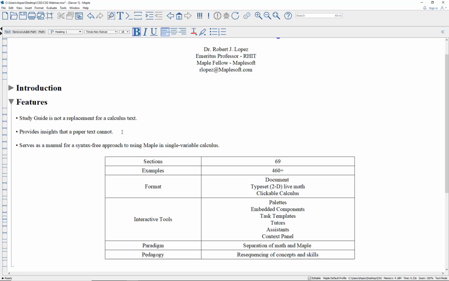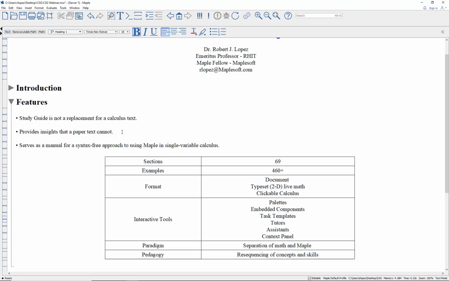There are 69 sections. Calculus books are pretty thick, about 1,000 pages, and they weigh 5 or 6 pounds. Here there are 69 sections and more than 460 worked examples. And we'll take a look at a few examples to see how they are implemented.